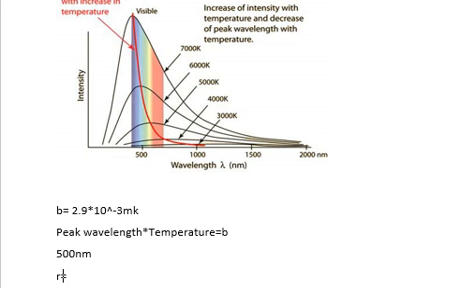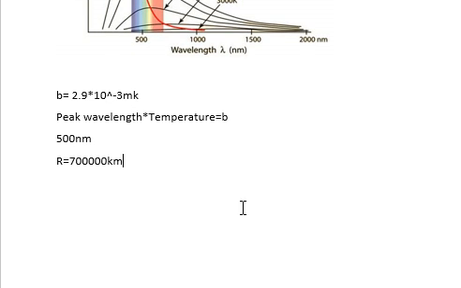So R is equal to 700,000 kilometers. Let's use these two in conjunction to figure out the energy radiated by the sun per second. So we'll be using Stefan's law as well.